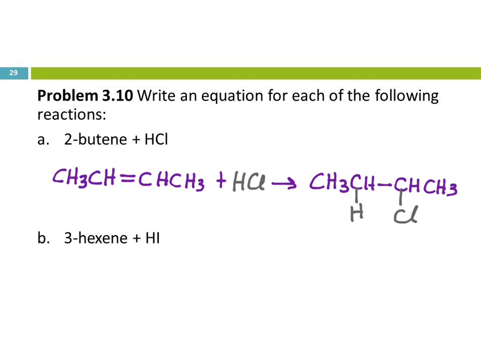3-hexene. Let's try a line angle. See how that goes over. Hexene is 6, right? So 1, 2, 3, 4, 5, 6 carbons. On the third carbon, this is 1, 2, 3, there's a double bond. So that's 3-hexene plus HI. I want to do a different color.